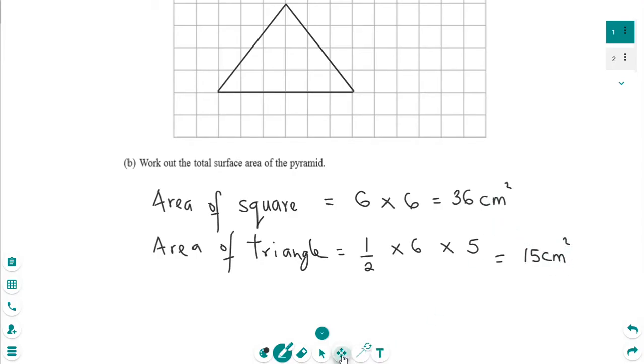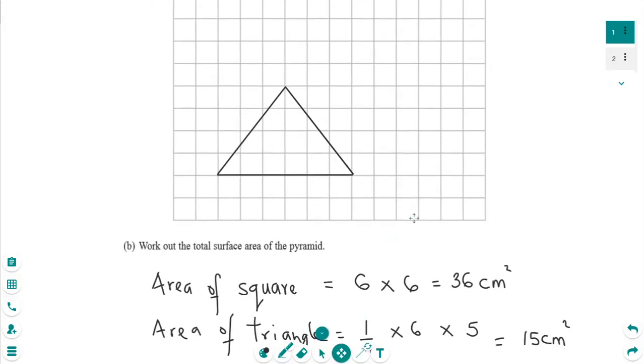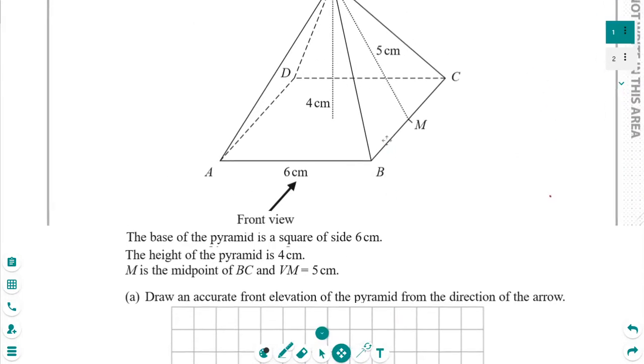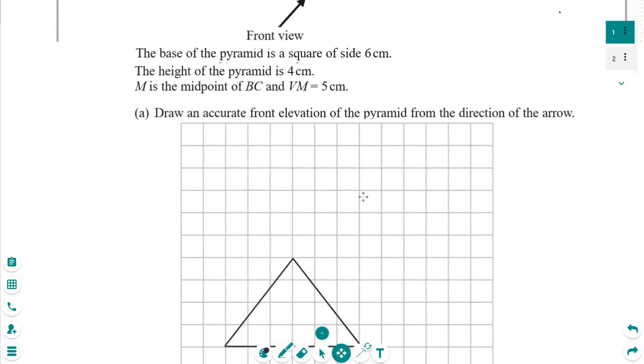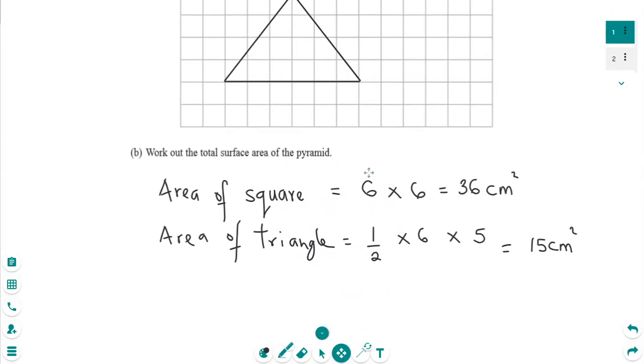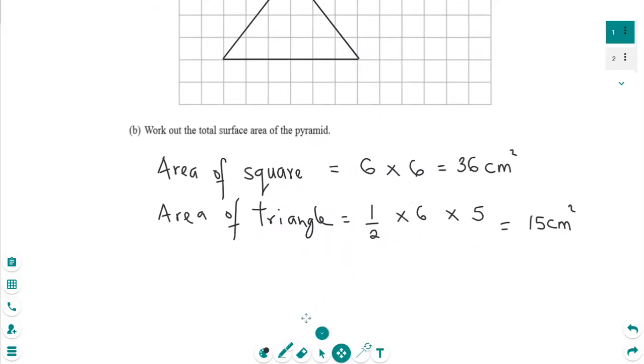And now, because the surface of the pyramid has 4 triangle sides, 1, 2, 3, 4, I'm going to multiply that by 4.